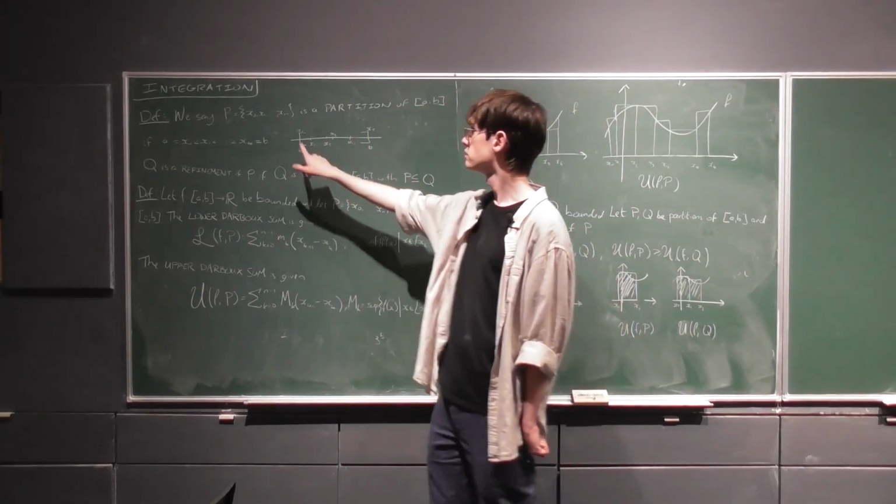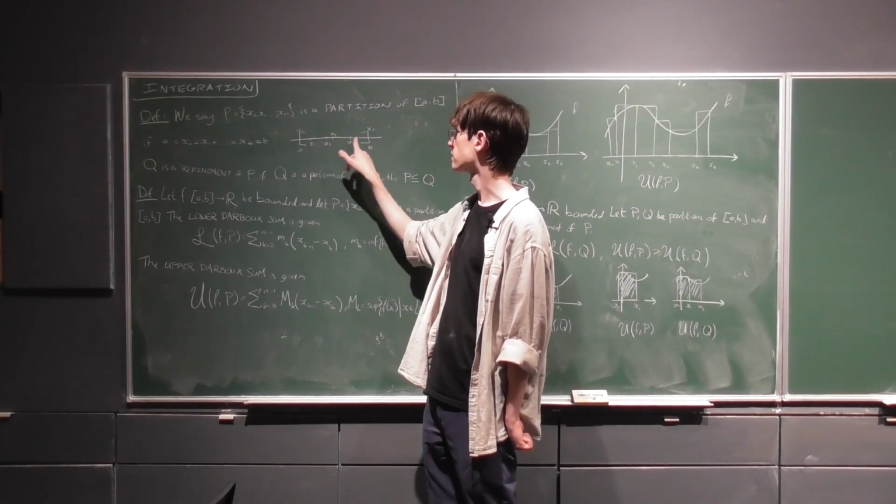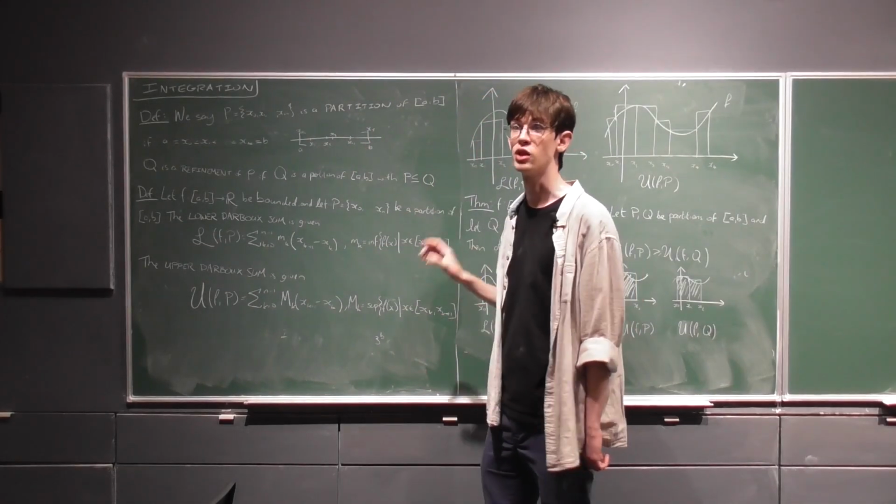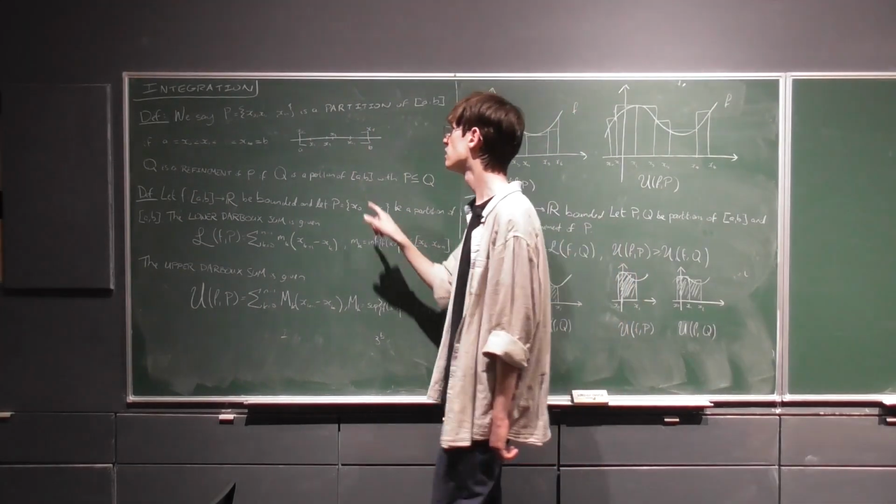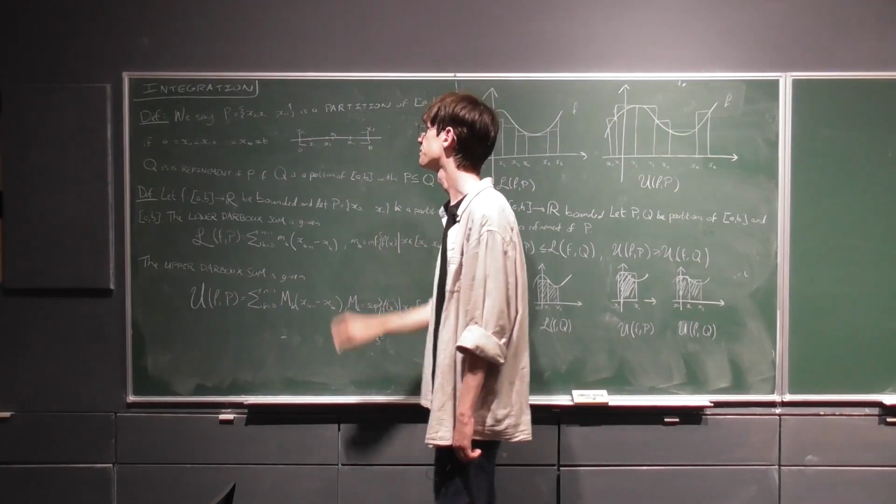An example could be x0, x1, x2, x3, x4, x5, and note that they don't have to be the same distance apart. So x2 and x3 here are really close.